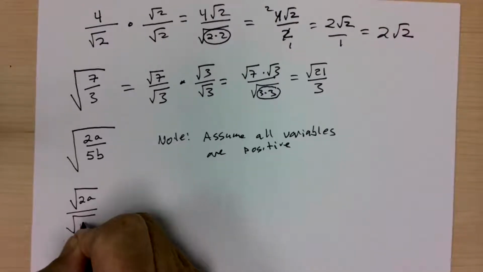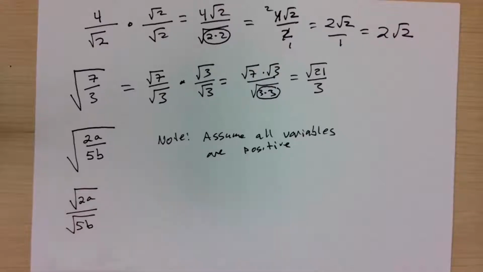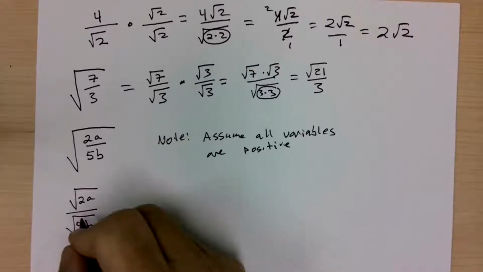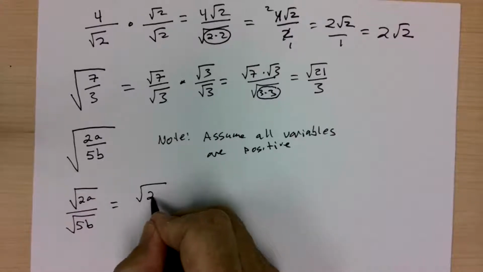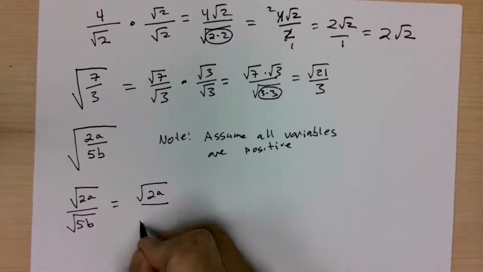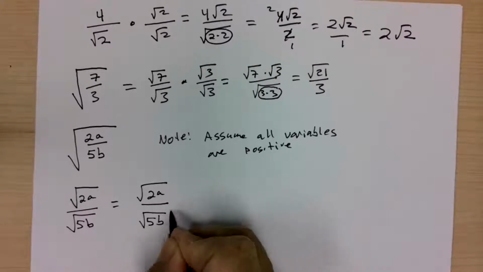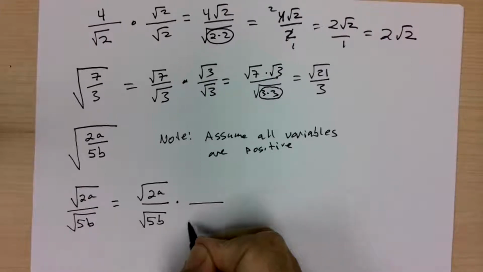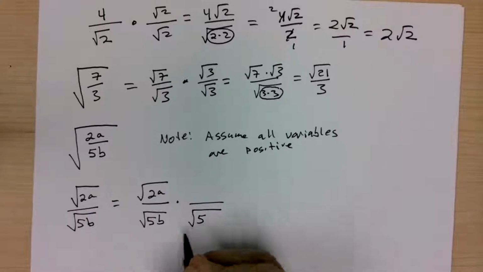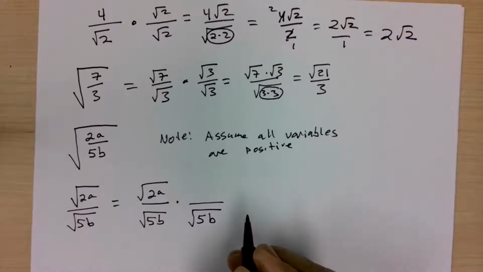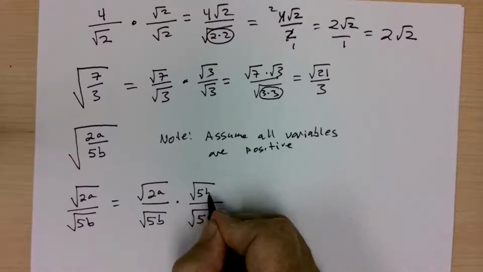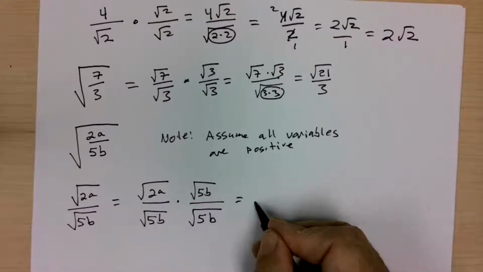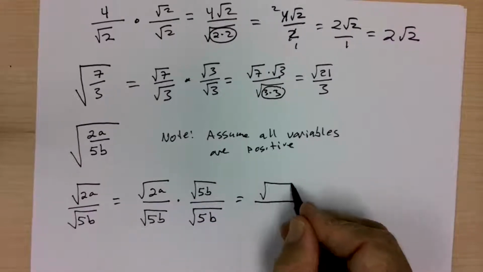So I have the square root of 2a over the square root of 5b. Yes, I have radicals downstairs. I have root 5 in a sense, and I have root b in a sense. So I'm going to multiply top and bottom by the same thing. I have a 5. I need another 5, so I'm going to need to multiply by root 5. I have a b. I need another b. I'll multiply by root 5b. So upstairs, root 2a times root 5b is root 10ab.